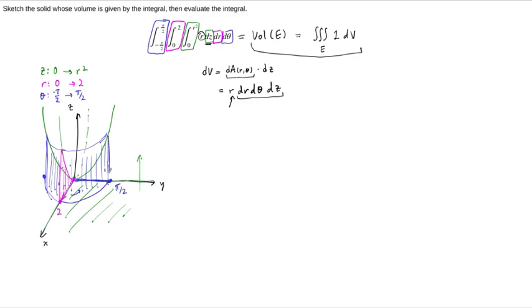So the solid region E is bounded in the background by the YZ plane, and in the foreground, there's a cylinder of radius 2. And then from top to bottom, it's gouged out by this paraboloid.